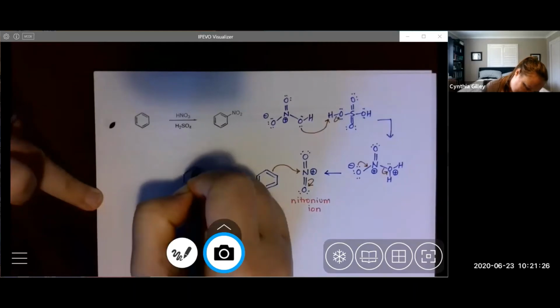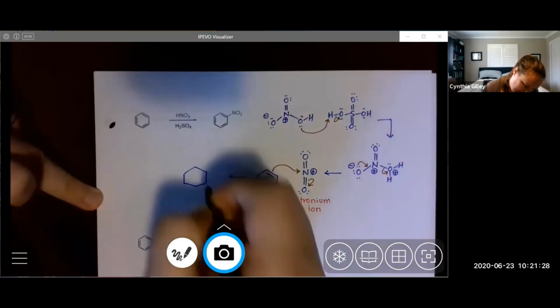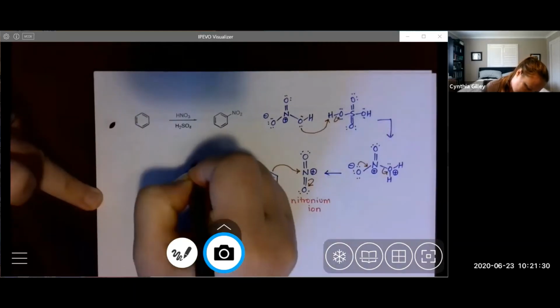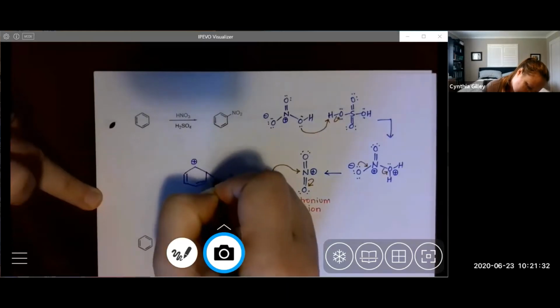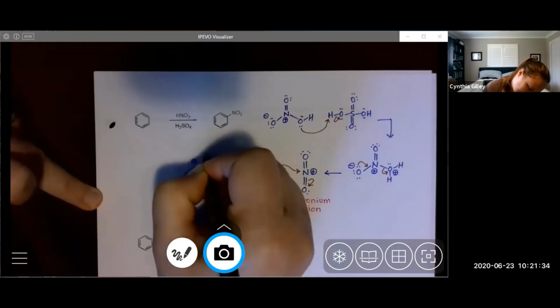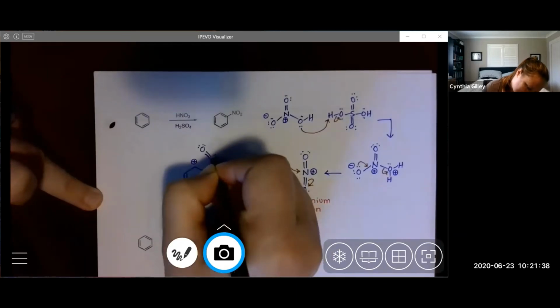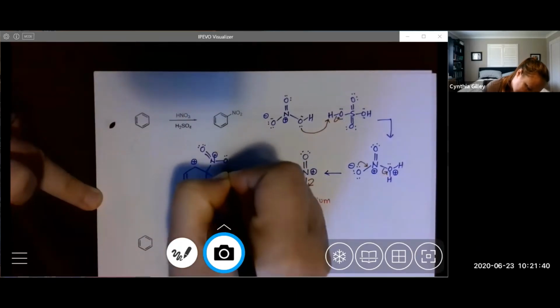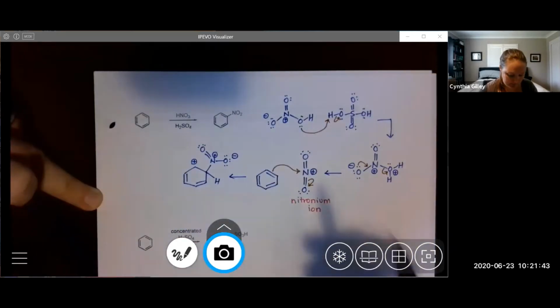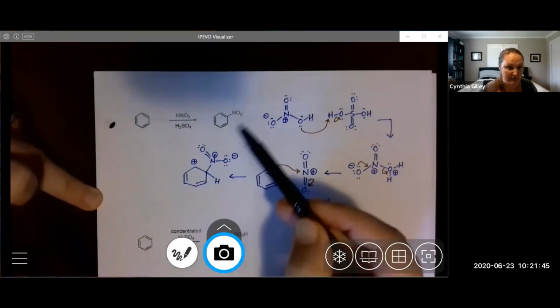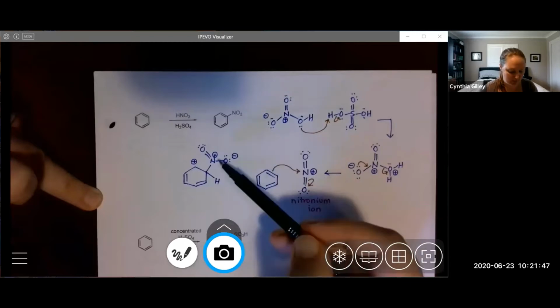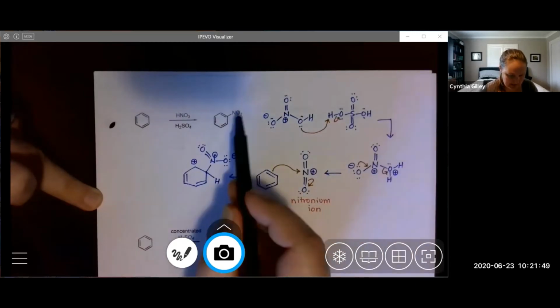That means we will now have our arenium ion. If I draw out the nitro group, you can see what it looks like. Oftentimes it's abbreviated, it's just NO2, but this is what it looks like drawn out.